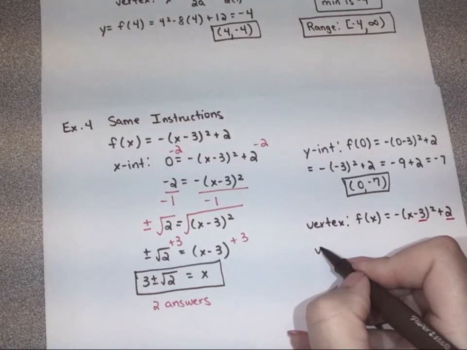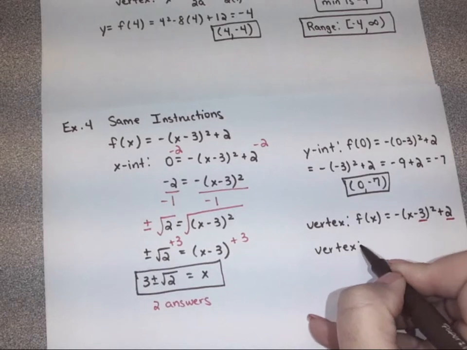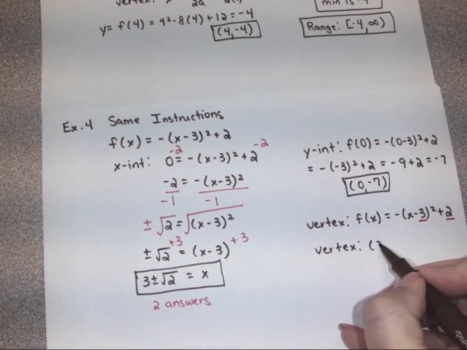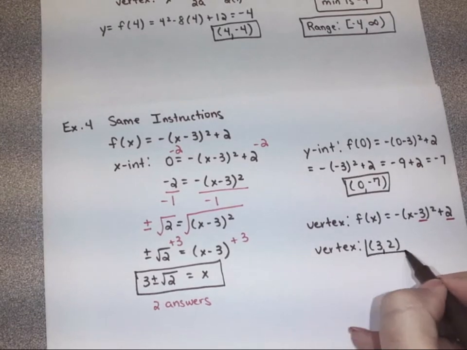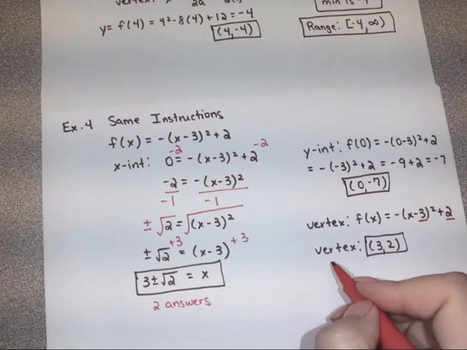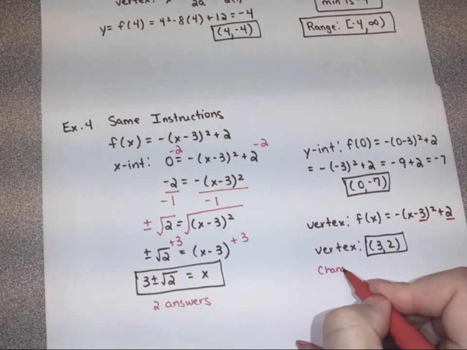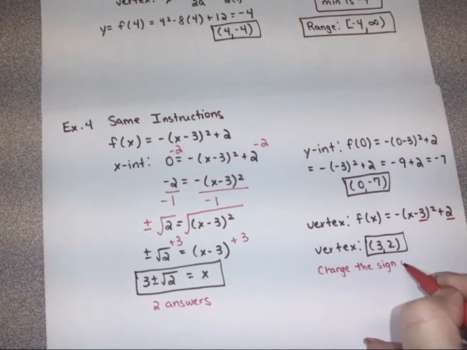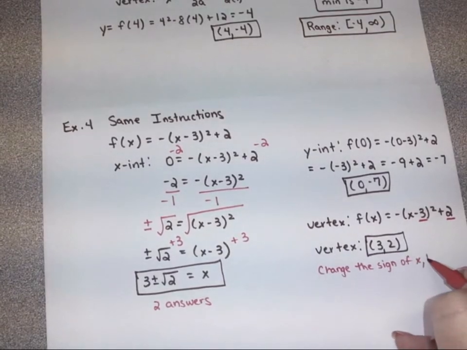So to find the vertex, you don't need to do any work. You actually just change the sign of this one and leave this one alone. Okay, so this would be just 3, 2. So remember, we said this back at the beginning of the notes, but you change the sign of x, but not y.